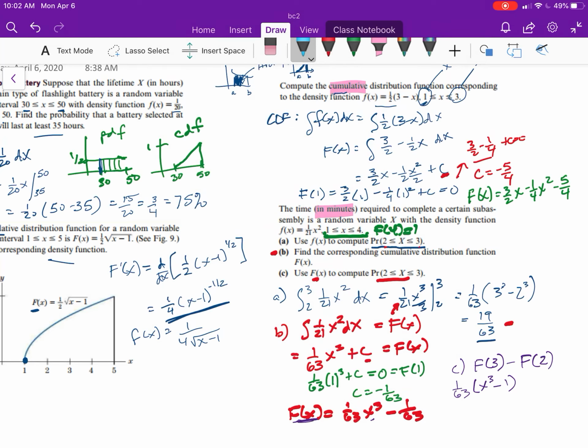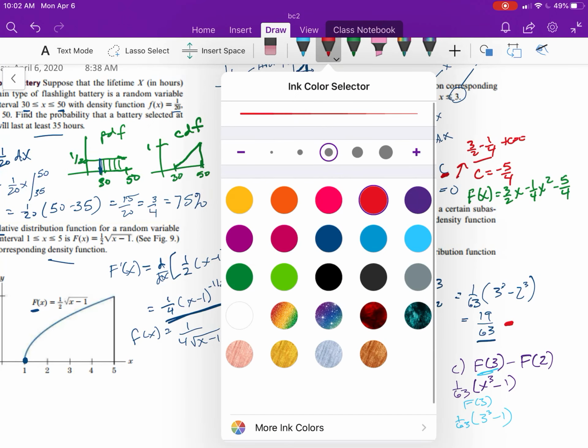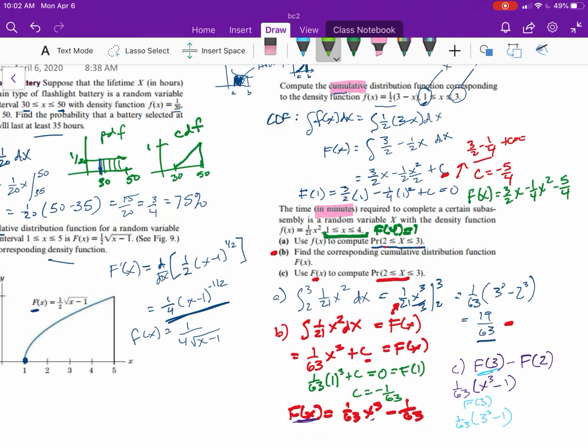So F of 3, that's 1/63 times 3 to the third minus 1. Okay, minus, green, how about that? So minus F of 2. Okay, that's 1/63, 2 to the third minus 1.